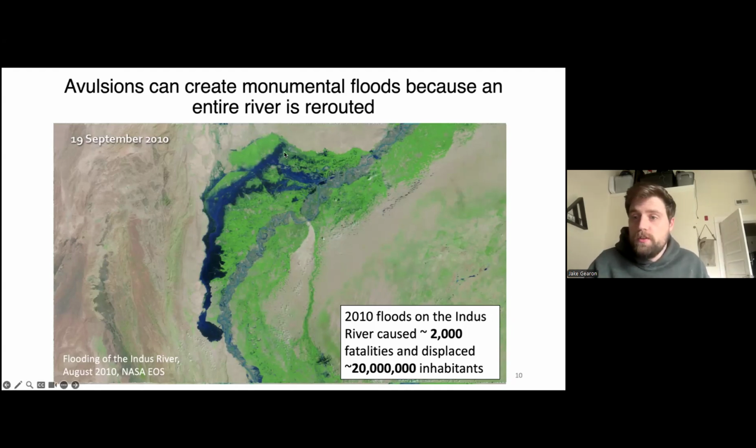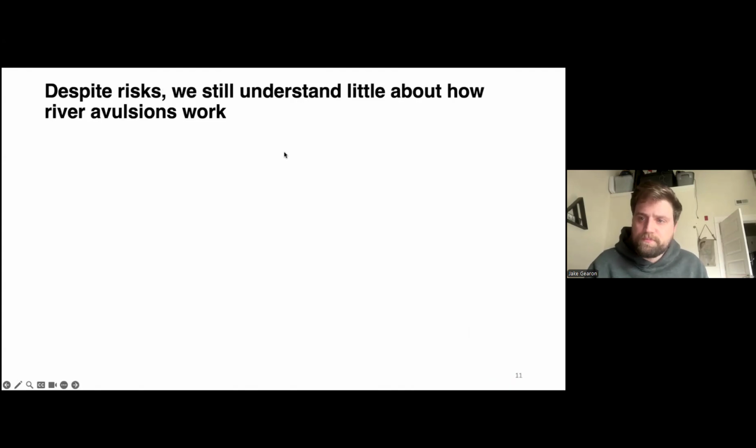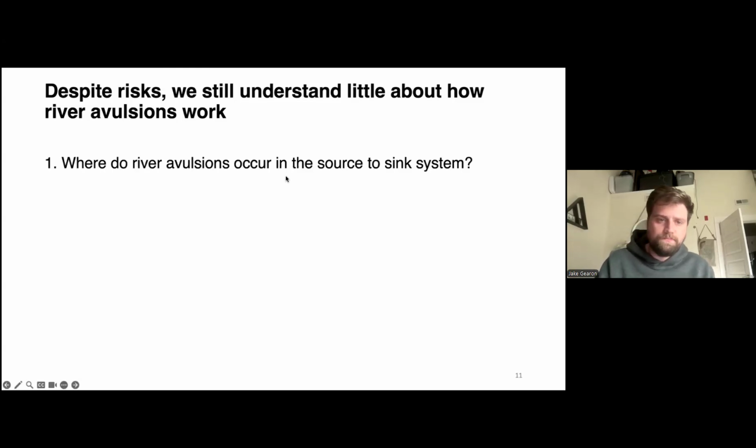And so these are real legitimate natural disasters. But despite the risks here, I would say we still don't understand much about the mechanism of avulsion, or at least we don't have a good validation of the mechanisms of avulsion.